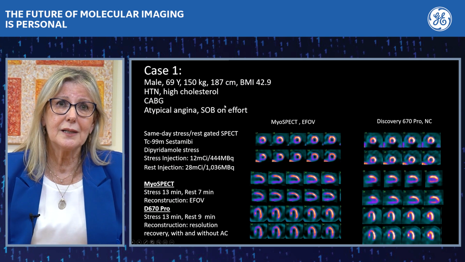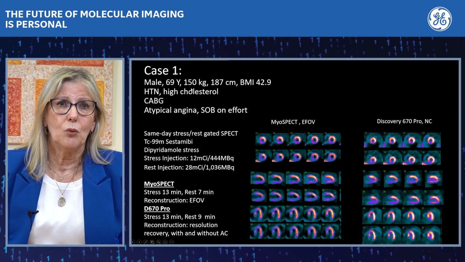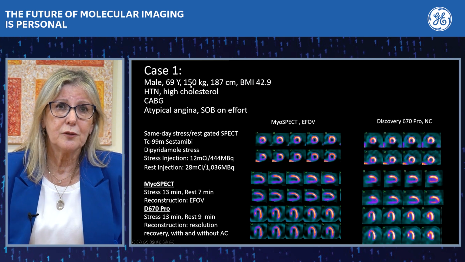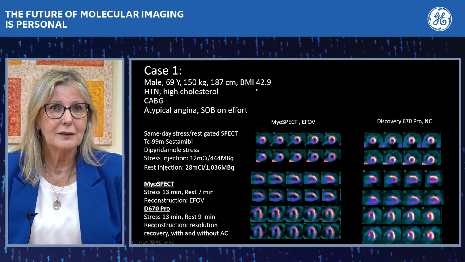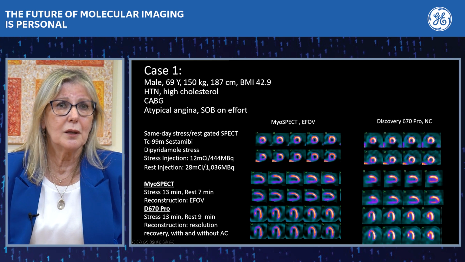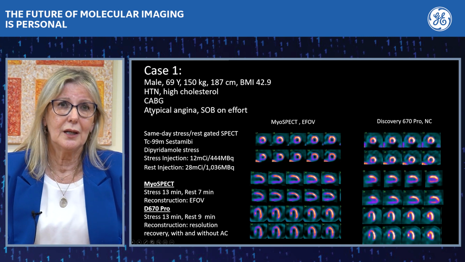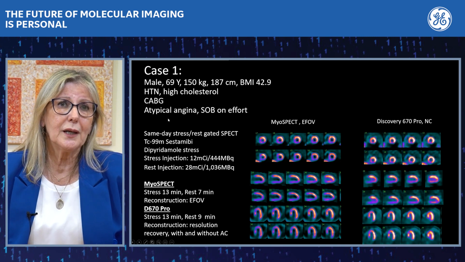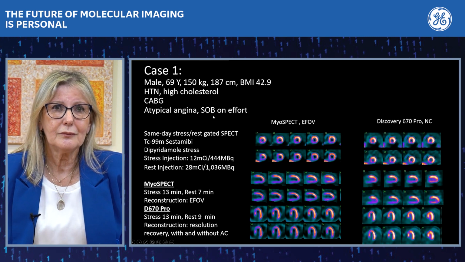So the first case is a male, 69 years old, weighing 150 kilograms with BMI 42.9. His risk factors: hypertension, high cholesterol. He underwent a coronary bypass surgery a few years ago and was referred to myocardial perfusion imaging due to atypical angina and shortness of breath on effort.